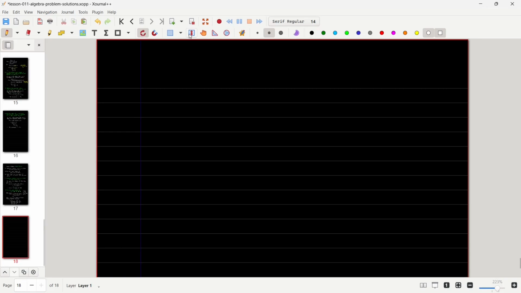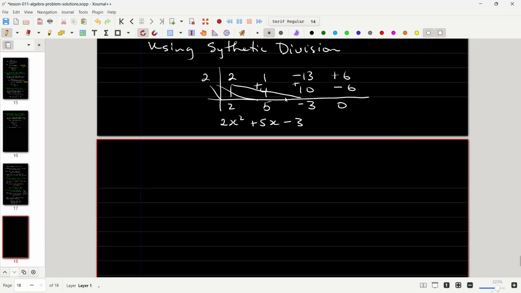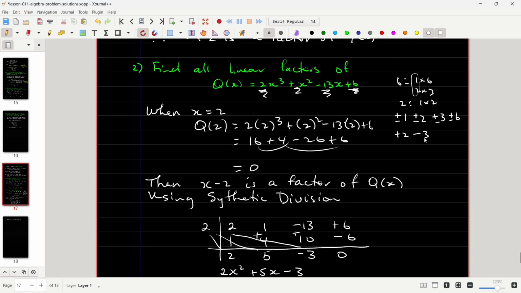So I have this here now, so I can say that q of x is x minus 2 into 2x squared plus 5x minus 3. Now, there's 2 ways I can go about this. I can just use simple factorization to factorize this, or I can do another synthetic division on this because I know the other factor as negative 3.